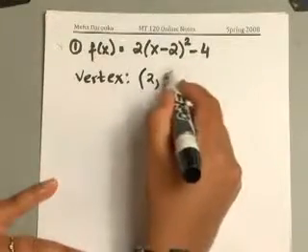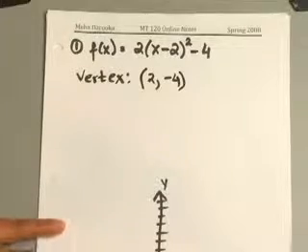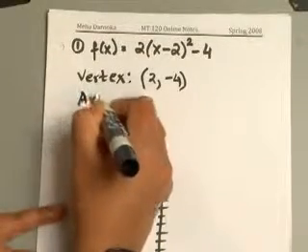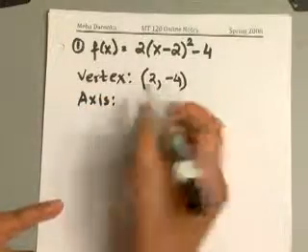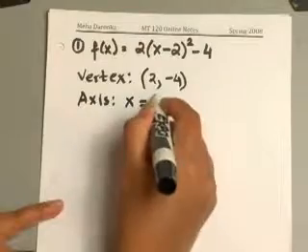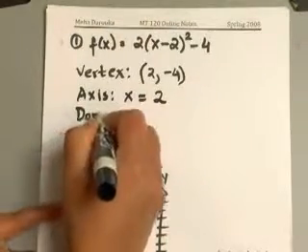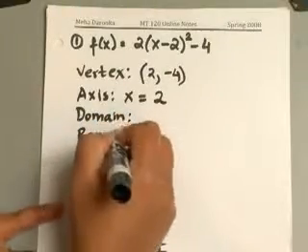This is negative 4. So of course your y or your k value is going to be negative 4. We said that the axis passes through the x coordinate of your vertex, so your axis is going to be x equals 2. And then we'll come back and talk about our domain and range after graphing this function.